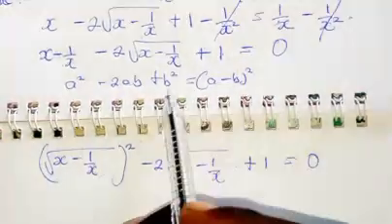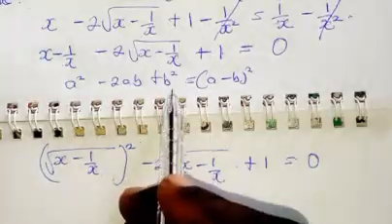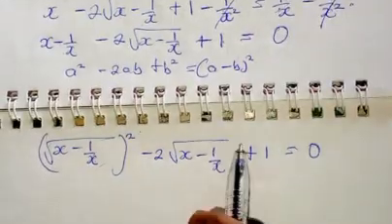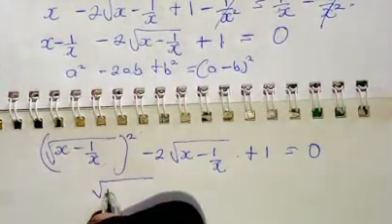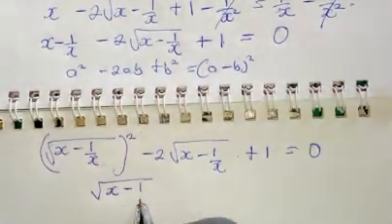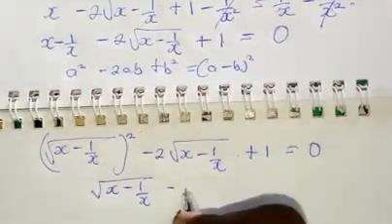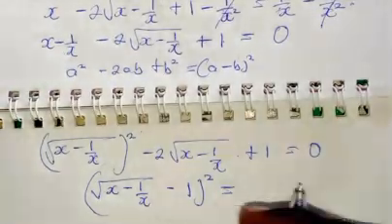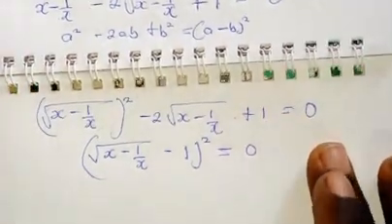So comparing this equation to this algebra formula, we can just say that root x minus 1 over x minus 1 all raised to the power of 2 is equals to 0.